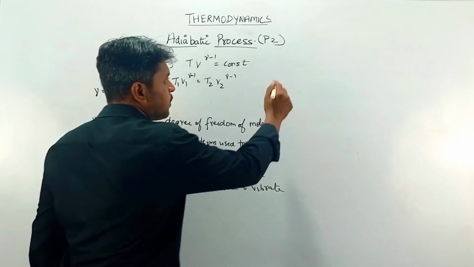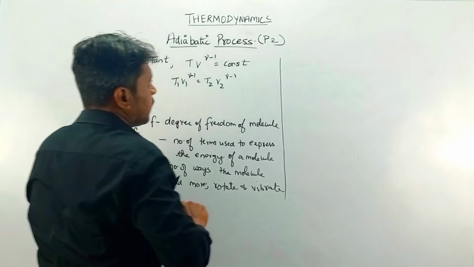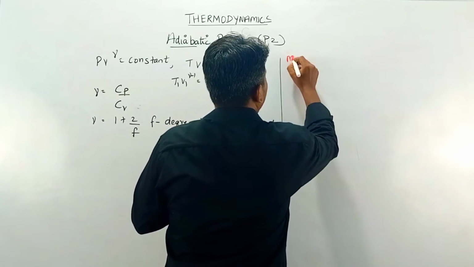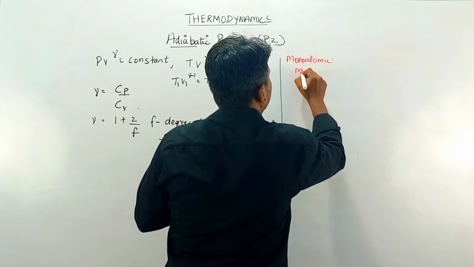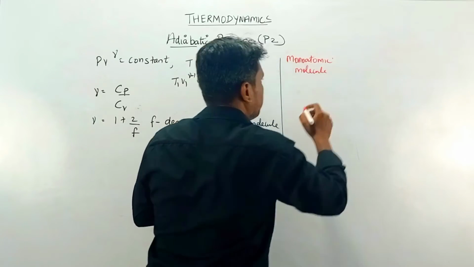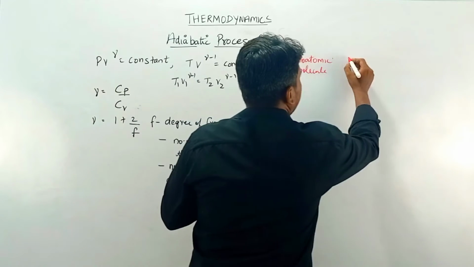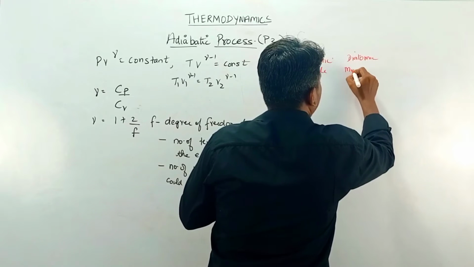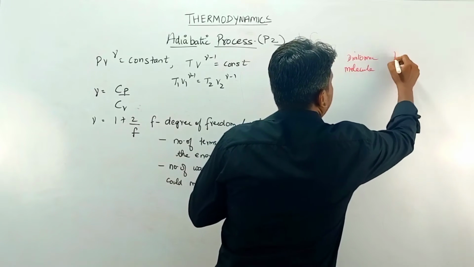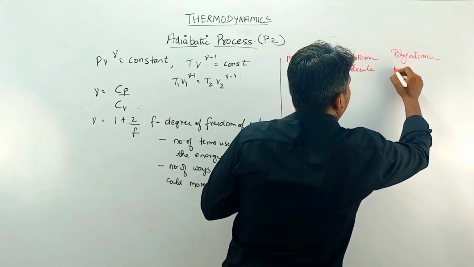So next, what are the types of molecules available? Here we have monoatomic molecule, next we have diatomic molecule, and polyatomic molecule.